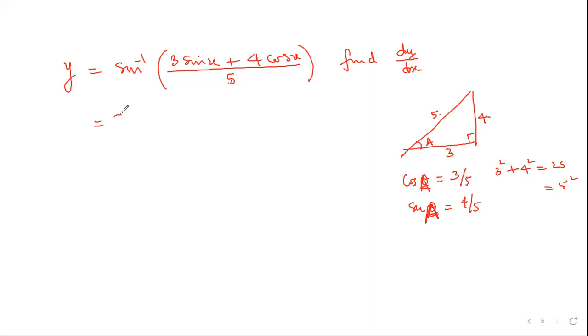So what I'm going to do here: sin inverse of sin x into 3 by 5 plus cos x into 4 by 5. Now this can be written as sin inverse. Tell me, what should I write instead of this?